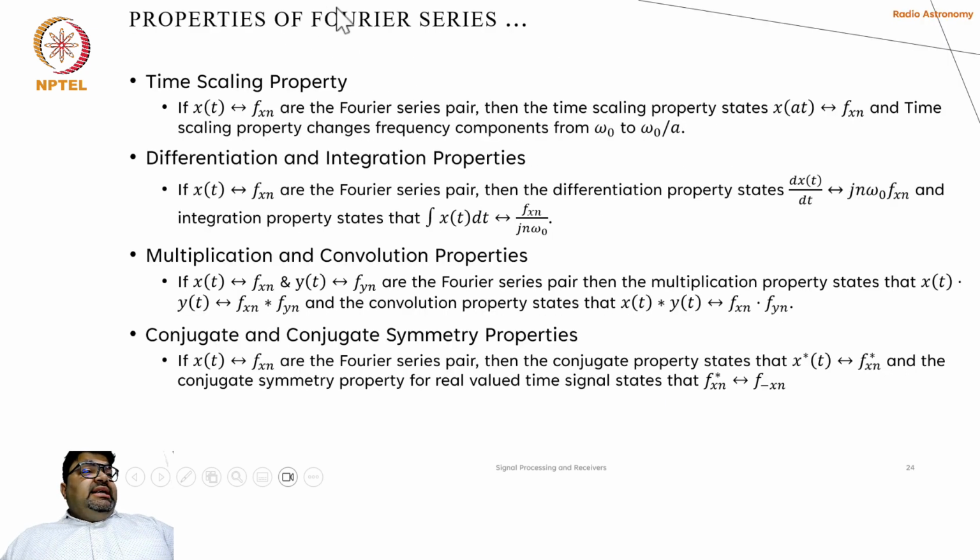There are other time scaling properties, differentiation and integration properties, multiplication and convolution properties, and conjugate symmetry properties. They're just given for completeness. Similar properties are also going to be valid. We will see something similar coming up for the Fourier transforms as well.